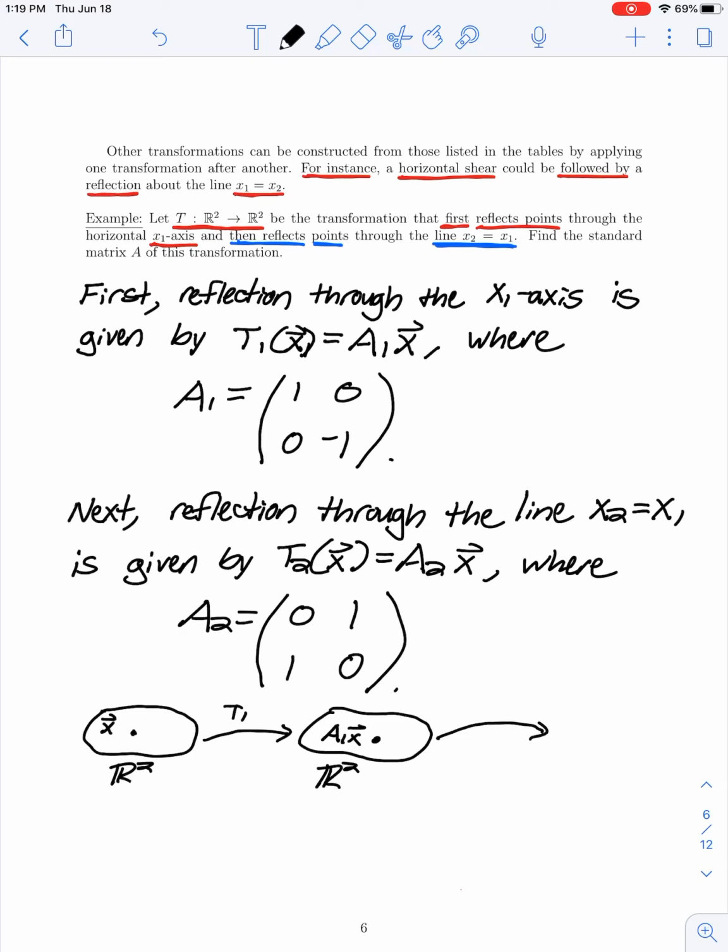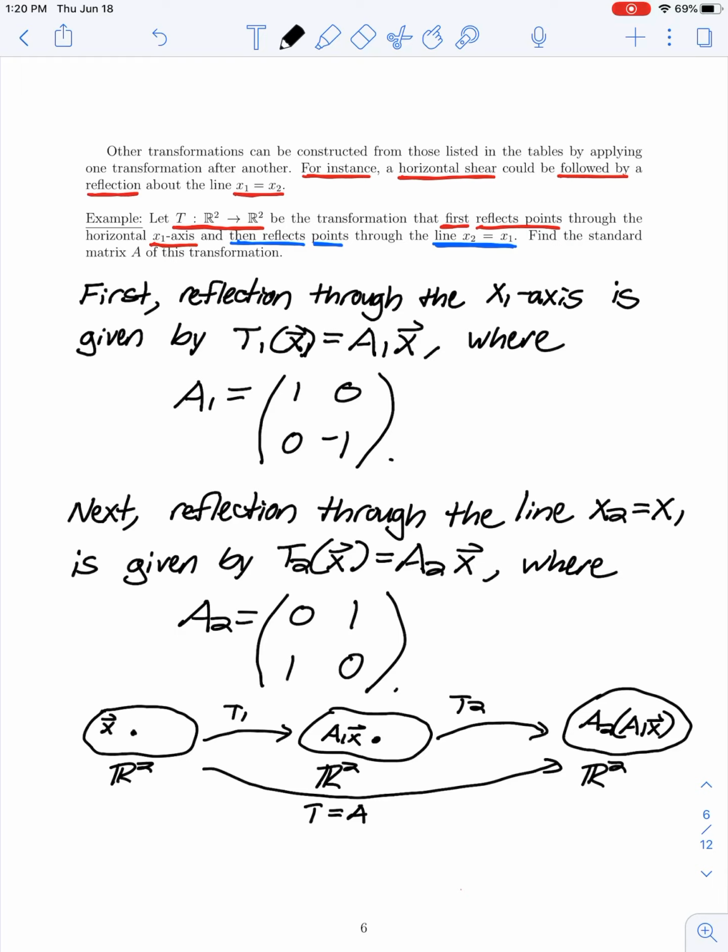Then I'm applying the next transformation, T2, which gives me another vector in the plane, and the transformation T2 is a matrix transformation where we multiply by A2. So we have A2 times A1 of x.